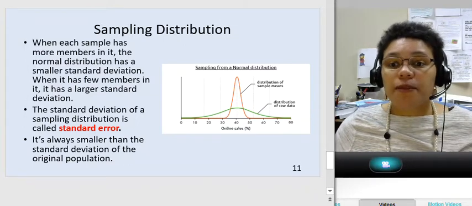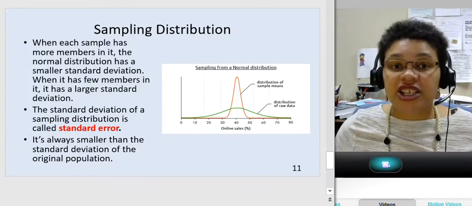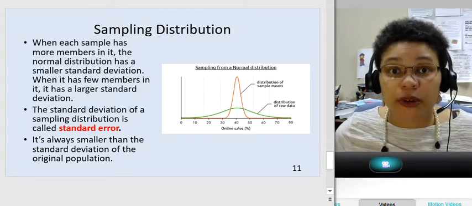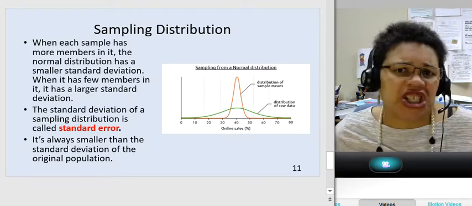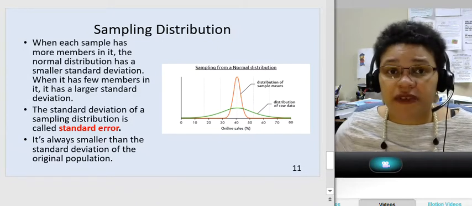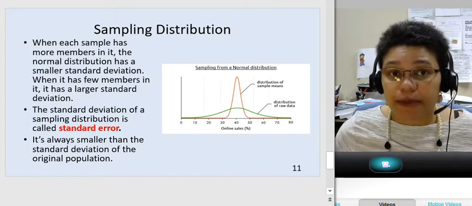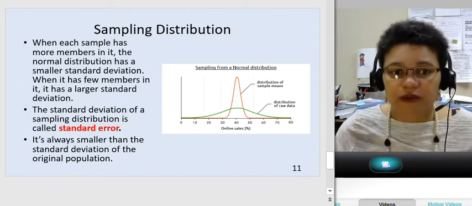So the standard deviation of the original population was 3.5 inches, and we kept seeing these like 1.5 inch, 1 inch, less than 1 inch for the standard deviation of our sample means, right?